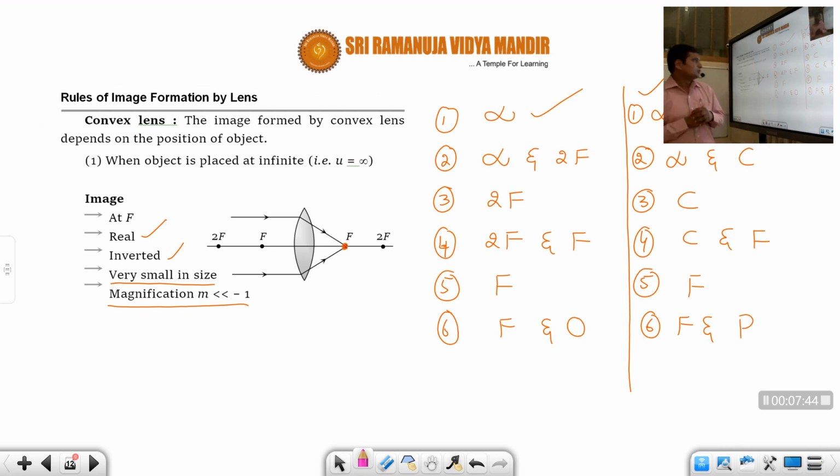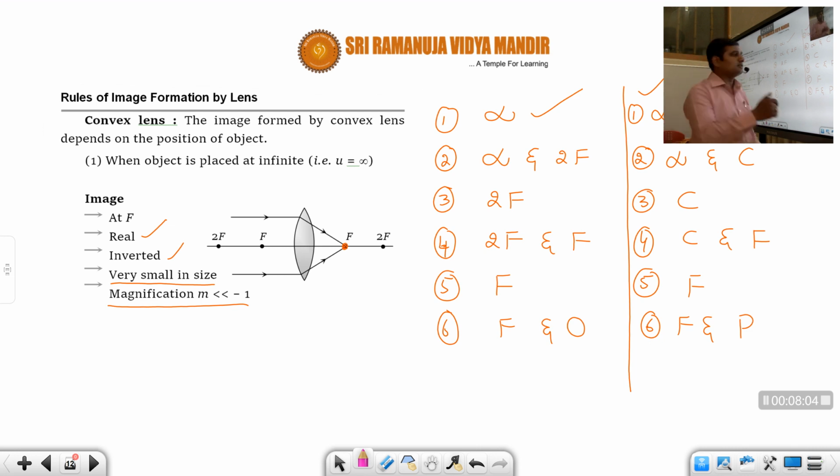Now out of all these positions, students, as I told you in the last class, 2 positions are very, very important. What are they? I hope you remember. Number 1, when the object is between 2f and f, and when the object is between f and O. Correct or not students?